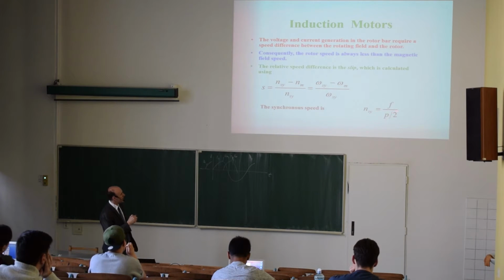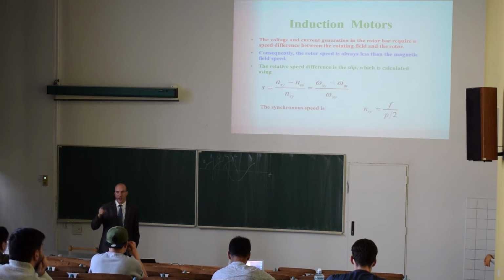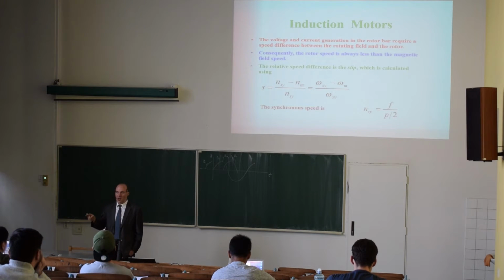Since the lowest number of pole pairs is 1, then the highest speed that you can achieve with an induction motor without any electronics for a 50 Hertz frequency is 3000.